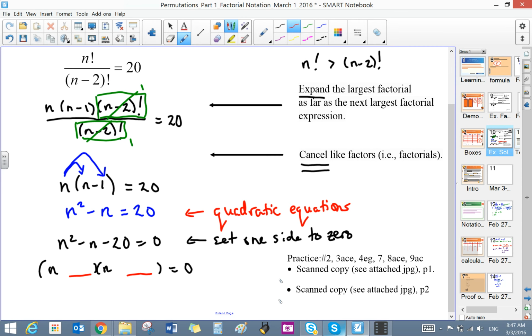We're looking for 2 values that will multiply to minus 20 and the same 2 values are going to add to negative 1. So that is going to have to be, for us, negative 5 and positive 4. So the product is negative 20, and the sum of negative 5 and 4 is negative 1.